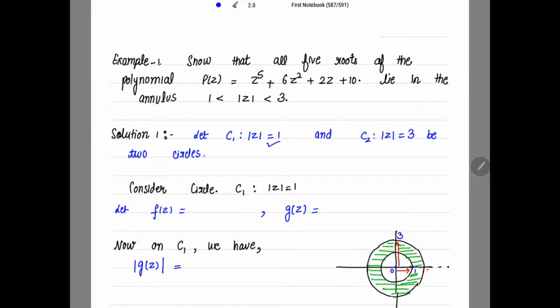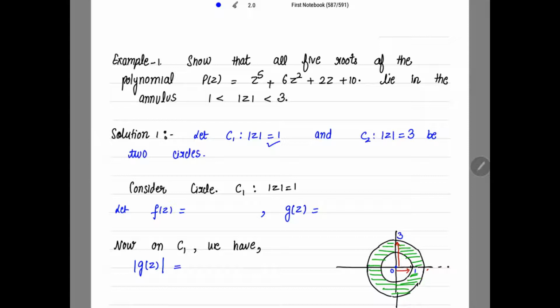Now because we have to apply Rouche's theorem here, which states that if we have 2 functions f(z) and g(z) that are analytic inside and on the circle, provided with the given condition that |g(z)| < |f(z)|, then the number of zeros of f(z) and f(z) + g(z) are the same, right?